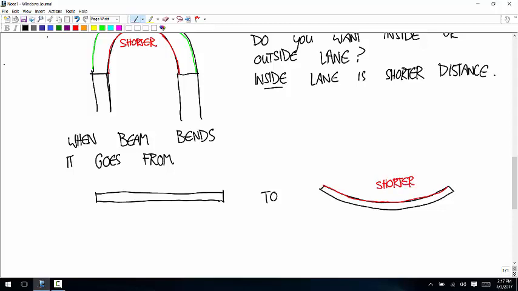I'm going to say that black is like the middle.